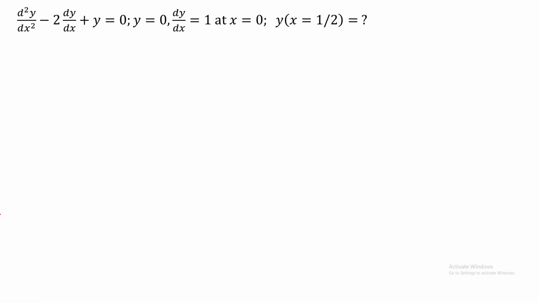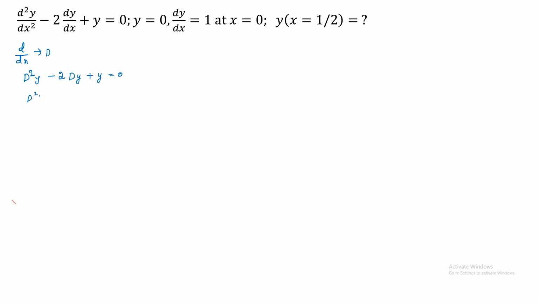We have been given an ODE. It is a homogeneous ODE because the right hand side is 0, and in order to solve this ODE, we will just replace d by dx by D. If we replace d by dx by D, then we'll get D square y minus 2 D y plus y is equal to 0, right?